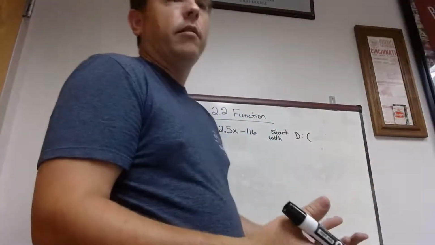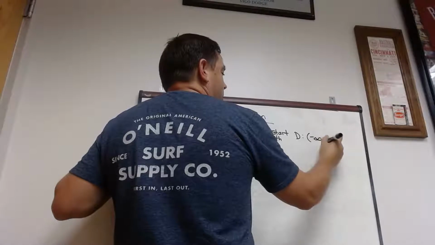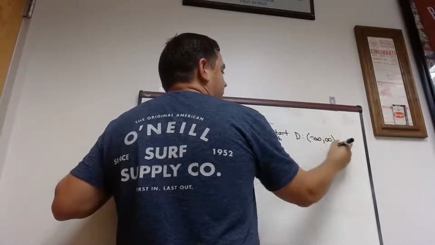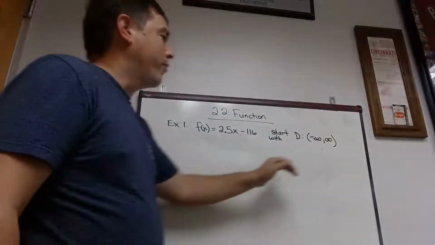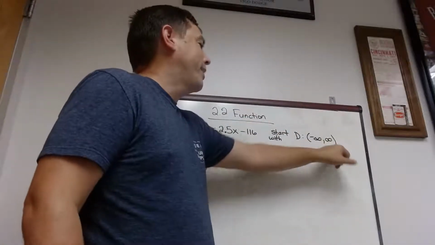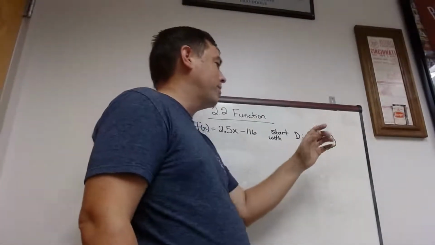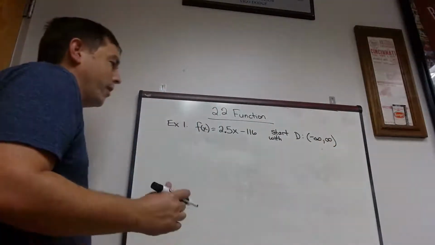Maybe go to Google and Google interval notation, know how to do it. The interval notation says we're going to go from the low point to the high point, from negative infinity to positive infinity. And these parentheses mean we can't really touch infinity. We would use brackets if we wanted to touch a specific number, but we can't touch infinity.